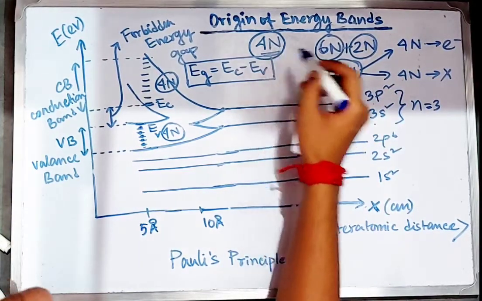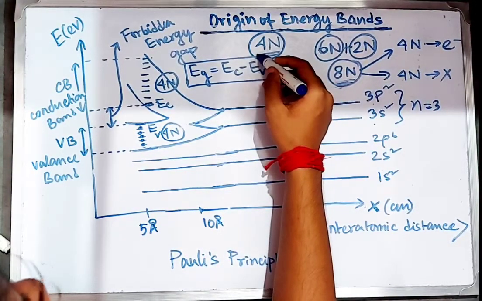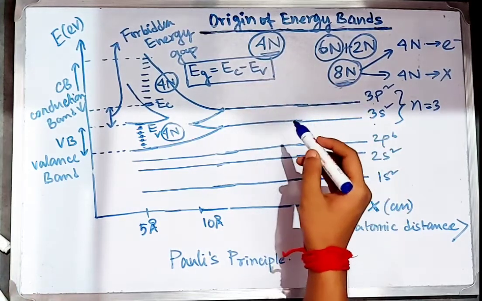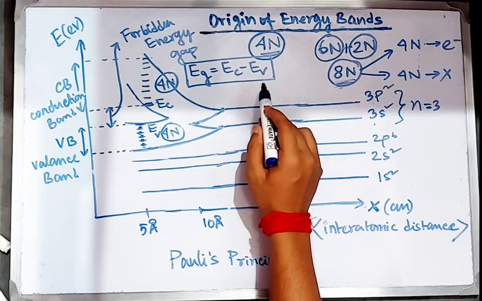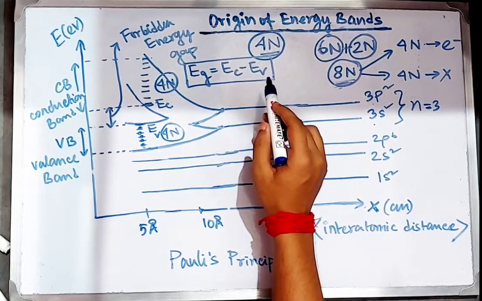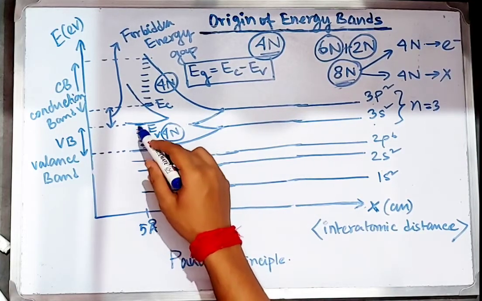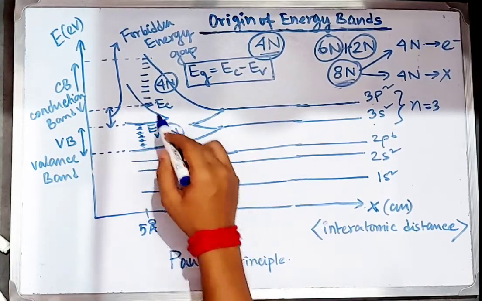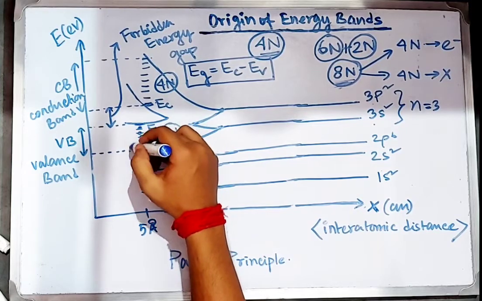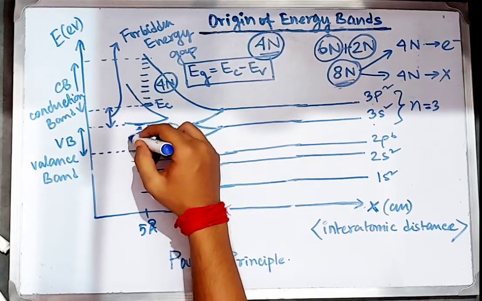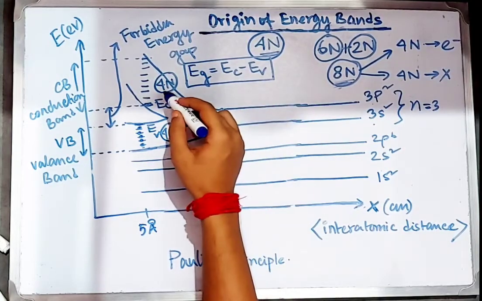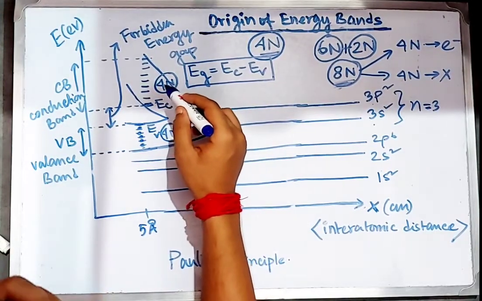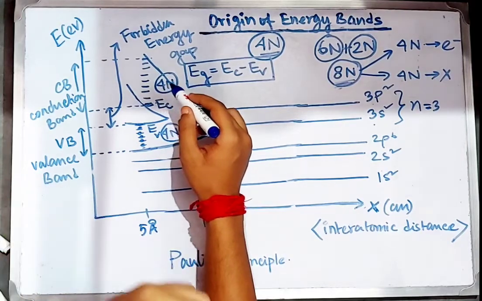But we have only 4n electrons in our hand. And as Pauli says, the electrons will occupy the energy states from the lowest available energy states. So it will at first fill up all the 4n lower energy states, and the rest of the 4n energy states will remain unoccupied by electrons.